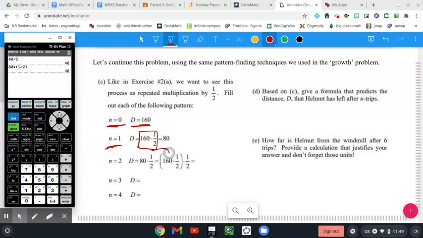And then on our second trip, we took that first trip's distance and we times it by 1/2 again, right? And we ended up with 40. So notice that we are timesing 1/2 twice at this point, right? And then again, on our third trip, we started with 160 and we timesed 1/2 3 times to get our answer of 20, right?